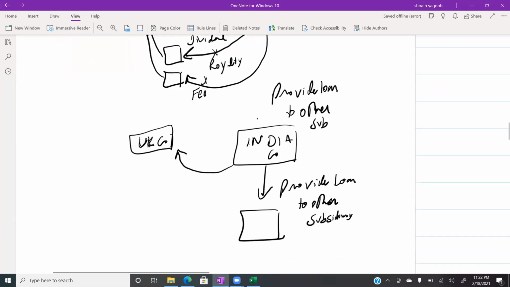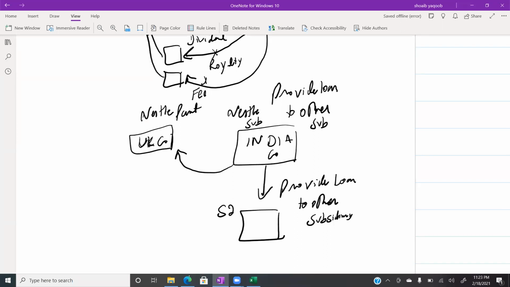Let's suppose this is the parent company, this is the subsidiary. This is parent 1, this is subsidiary 1. Please listen carefully. Subsidiary 1 transfers a loan to another subsidiary, another company. Let's suppose this is Nestle parent, this is Nestle subsidiary.